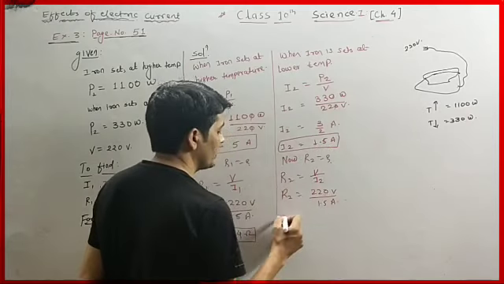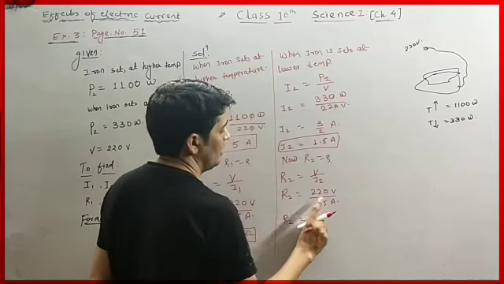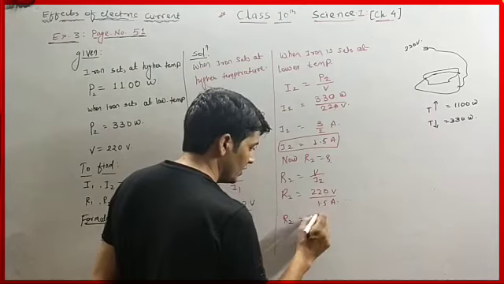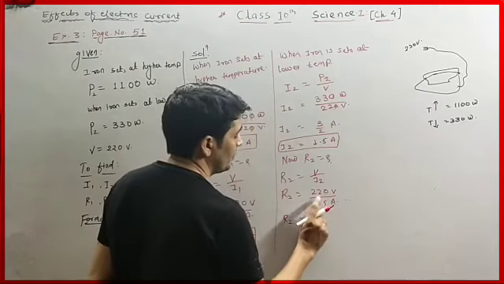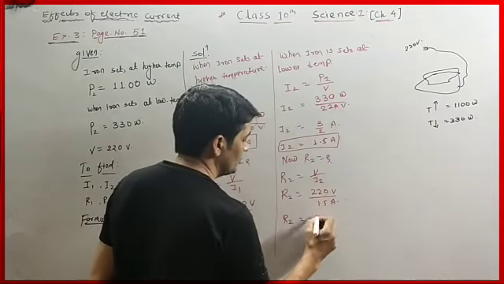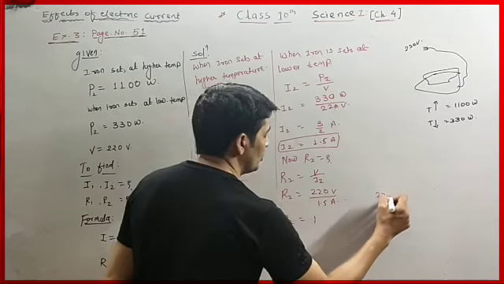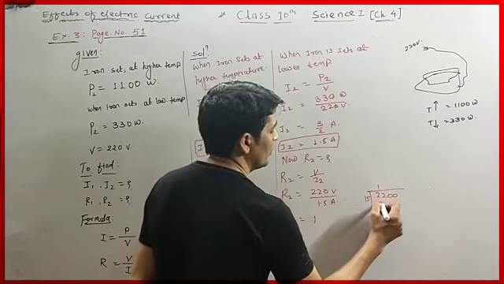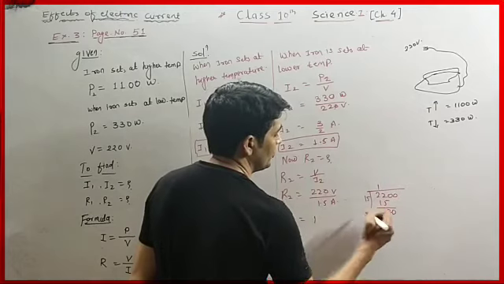When we solve this part, it is 2200 divided by 15. 15 ones are 15, so 15 we will have 7, now 0.